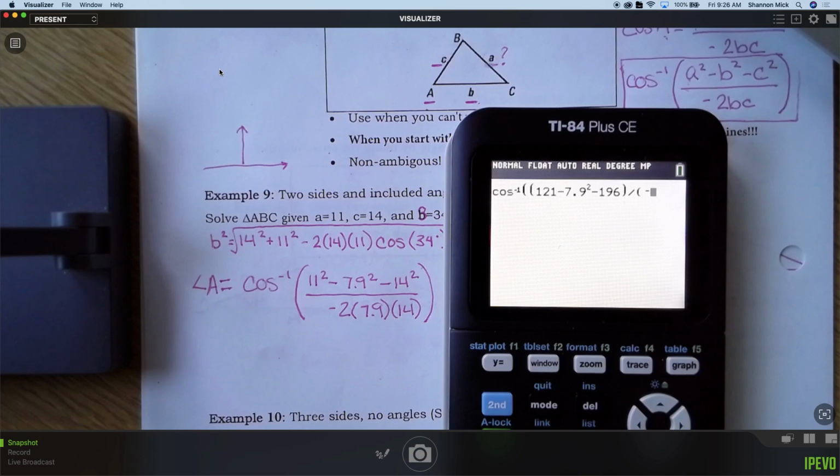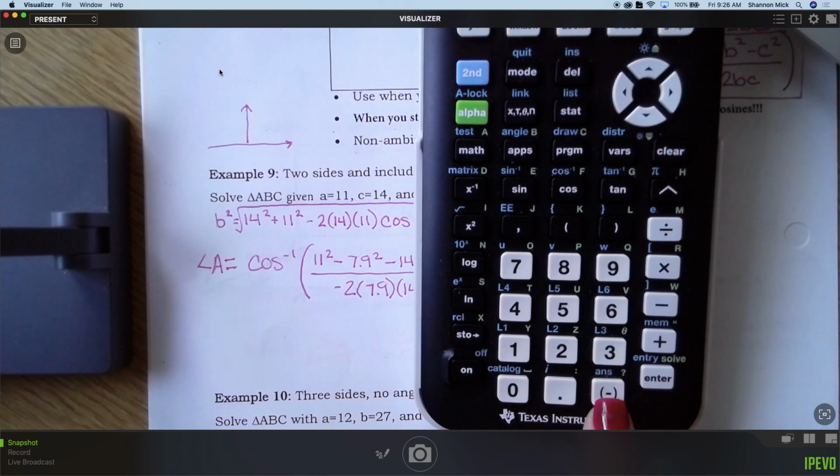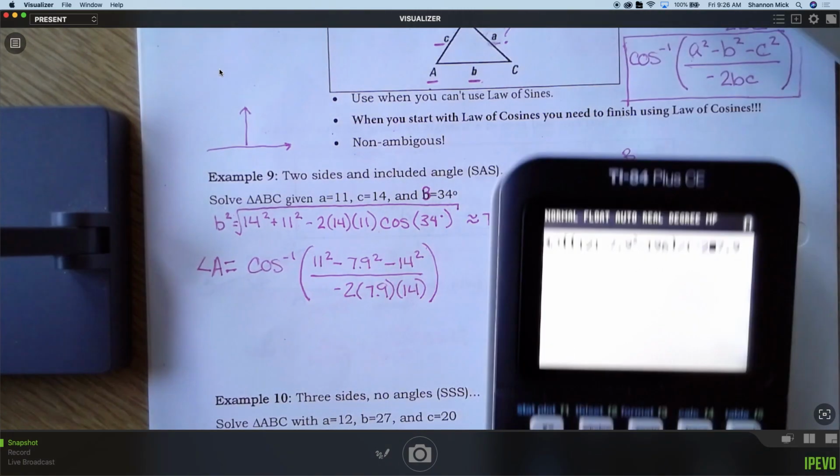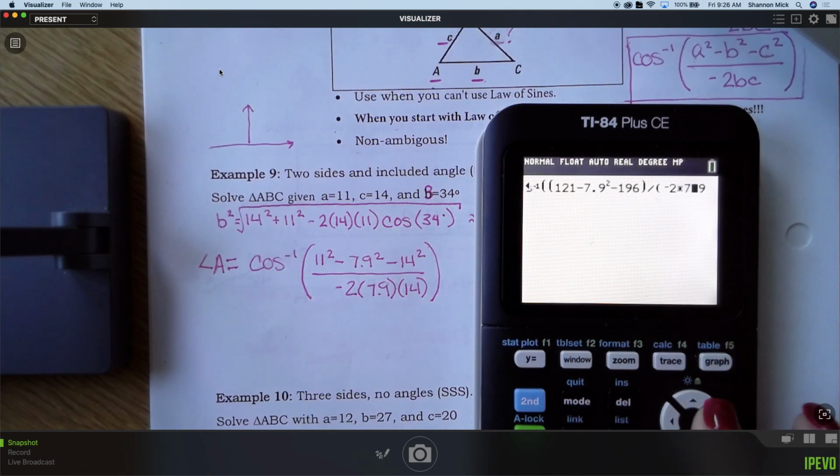So negative 2 times 7.9. Oh, that's the 5. Thank you. And you all know that the negative button is right there, correct? Because if you use a minus button, it's going to tell you syntax error, right? Times 11. Oh, 14. End the parentheses for the denominator, and then end the parentheses for everything.